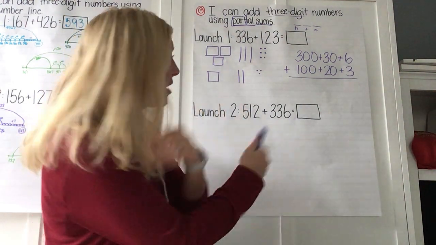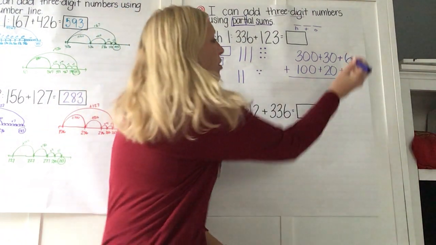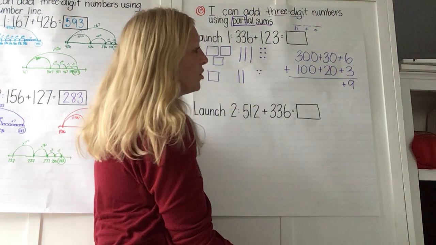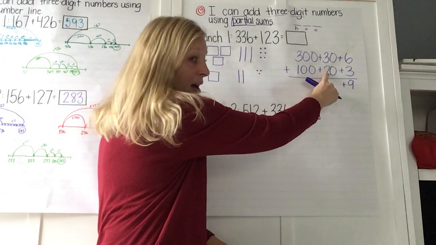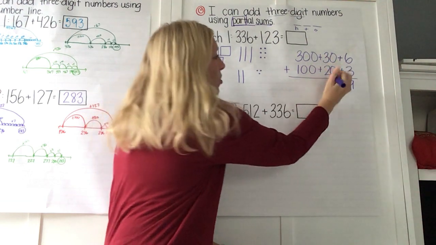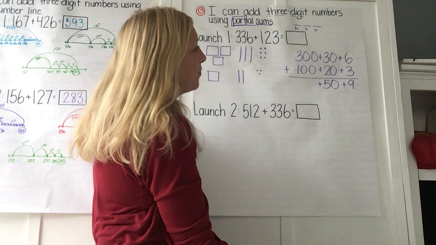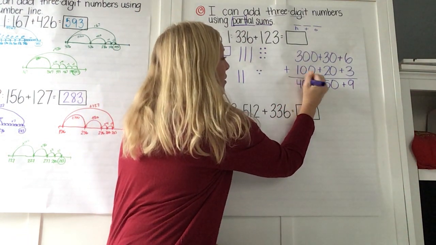My friend who wrote it like this, what did you do first? You know that 6 plus 3 is 9. What did you do next? 3 plus 2 is 5, so 30 plus 20 is 50. And then what? 300 and 100 is 400.